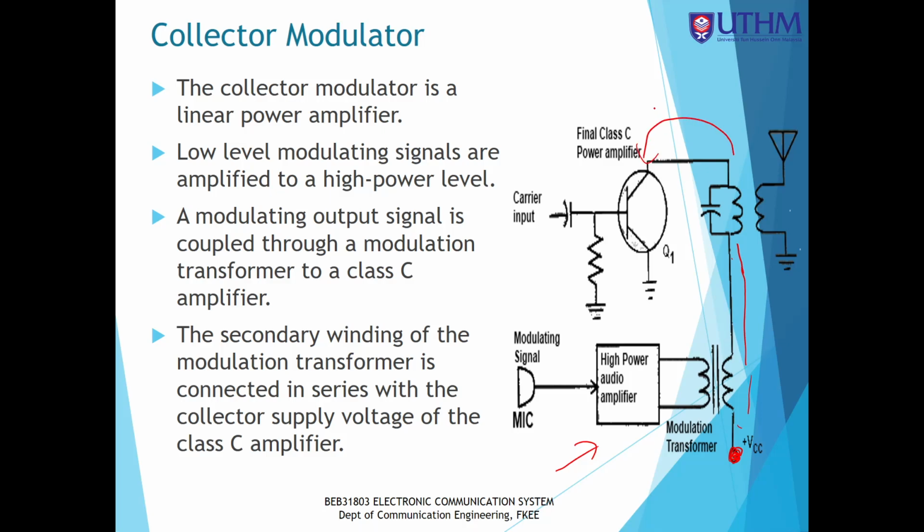It can only flow to the ground if the voltage at the base is more than the threshold. When the voltage at the base is below the threshold, current cannot flow to the ground. What happens is that this tank circuit will discharge and produce the other half of the AM waveform.